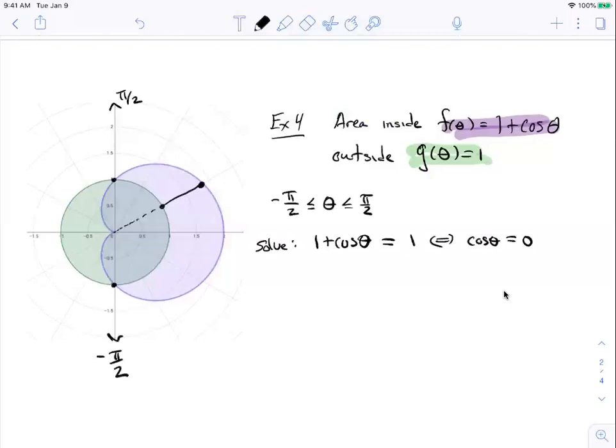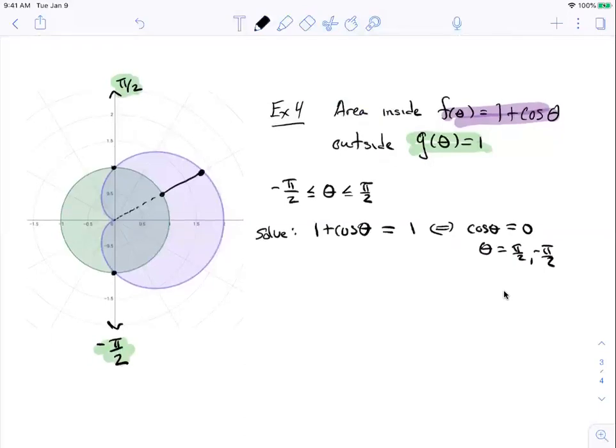And the cosine of theta is 0 at infinitely many solutions, but among them, and the picture is guiding me to pick these two, cosine is 0 at minus pi over 2 and pi over 2. So that's how you can do it algebraically. I'm picking those two of the infinitely many solutions to the equation cosine theta equals 0 because I'm looking at that picture.